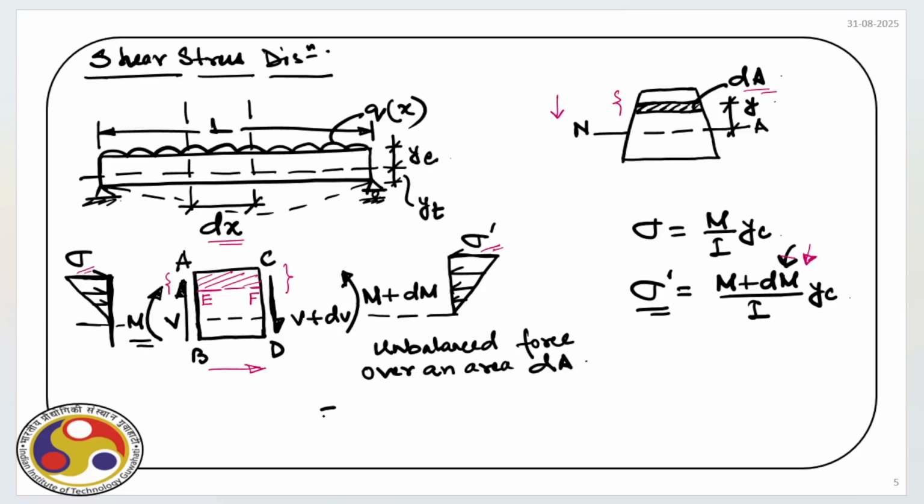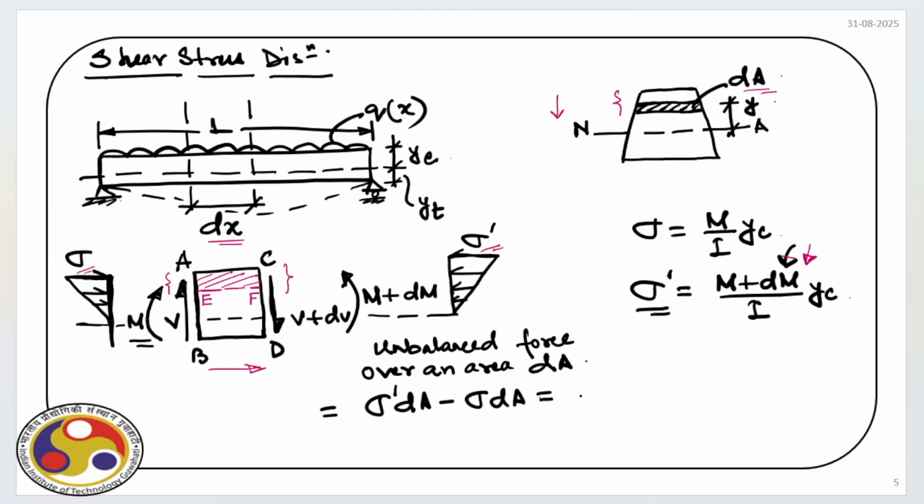So what is the unbalanced force? We can easily quantify. We have sigma prime times dA minus sigma times dA.